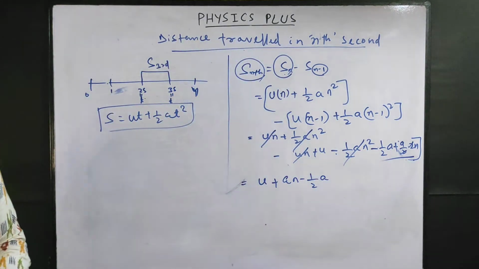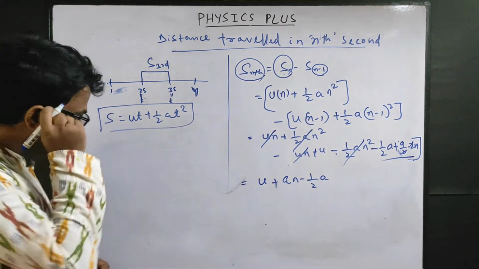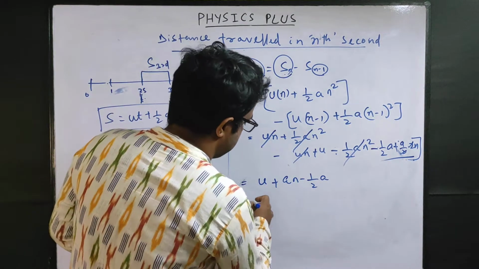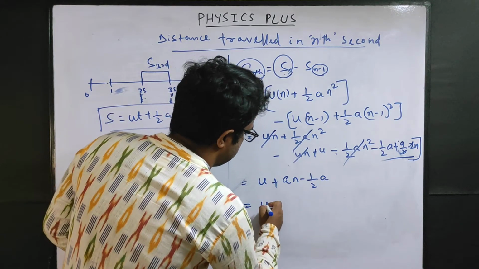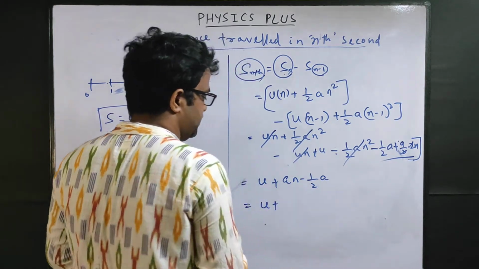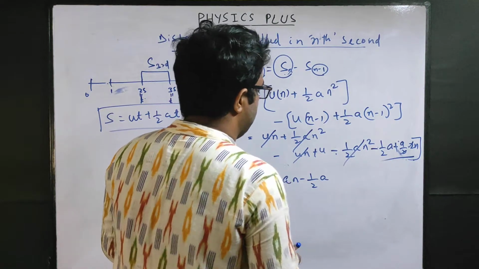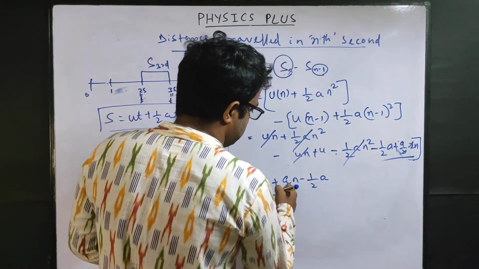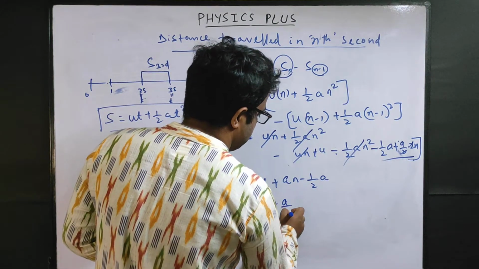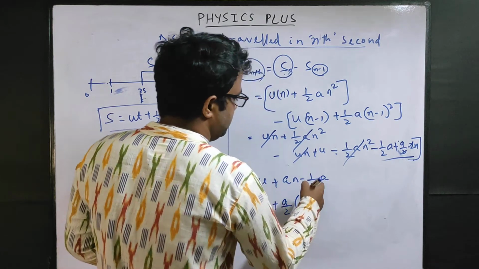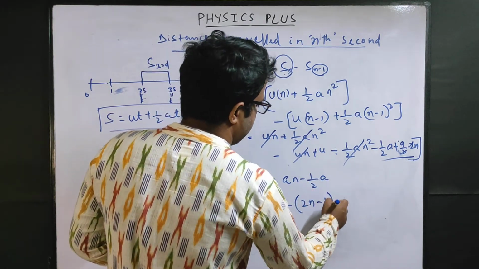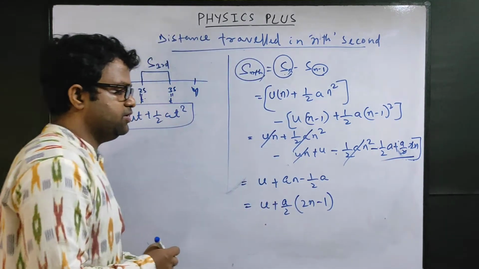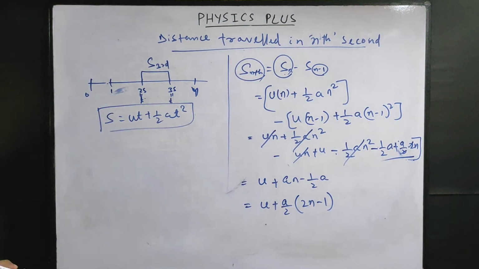So then if you will take a by 2 common, this one will come up as u plus, a by 2 common, acceleration, it will be 2n, here it will be minus 1, yes.